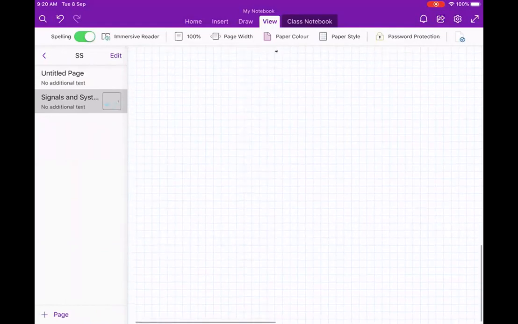Let us start the discussion with a few examples as a continuation of the previous discussion, and then we will move on to the discussion on properties of systems and LTI systems.